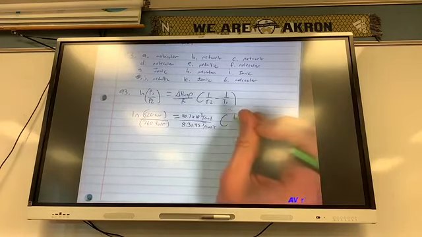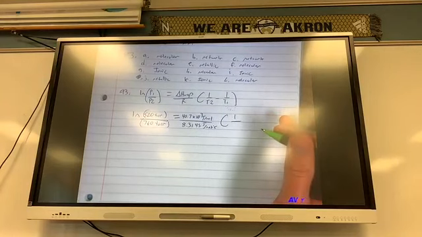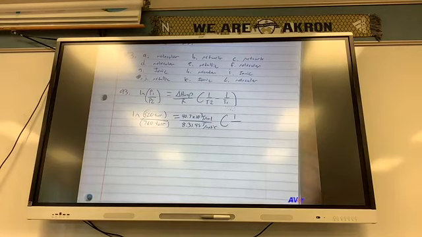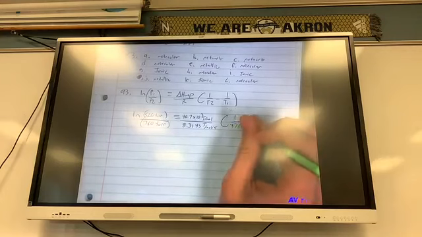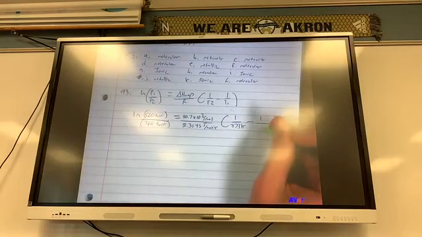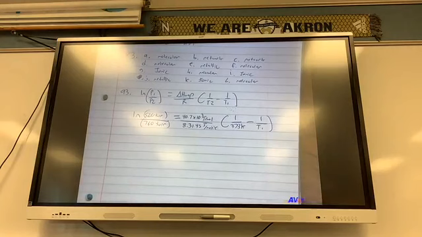That whole thing times 1 over T2. What's my T2 going to be? 100 degrees Celsius is what temperature in Kelvin? 373 Kelvin. Minus 1 over T1. Solve for x.